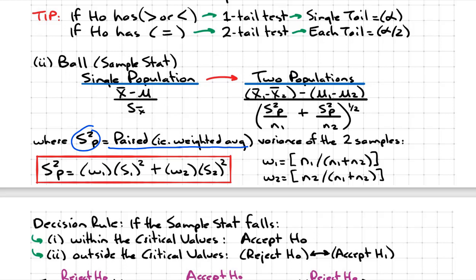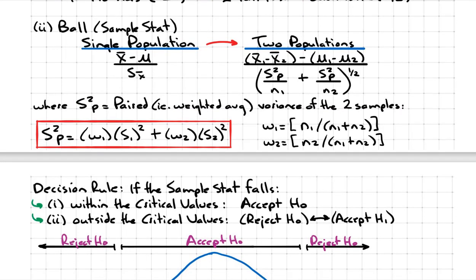Now, how do you find that one variance? Easy. It's the weighted average of the two sample variances, right? So there it is. You could see me doing that right there. So the sample pooled variance, again, it's the weighted average. So what's the weight of the first sample times the variance of the first sample plus the weight of the second sample times the variance of the second sample?